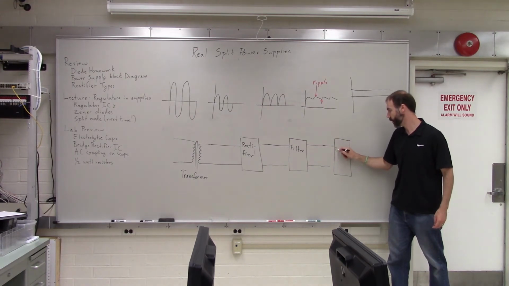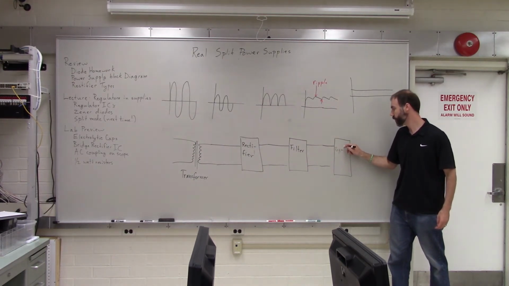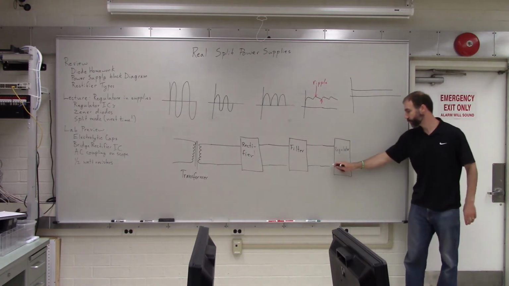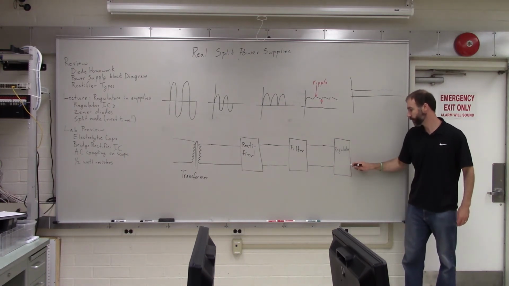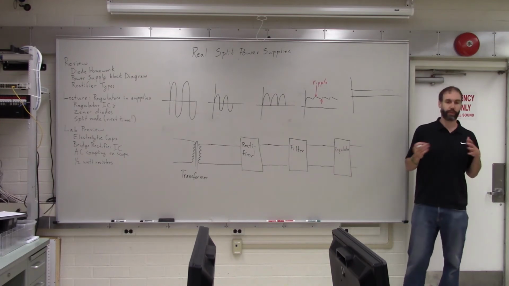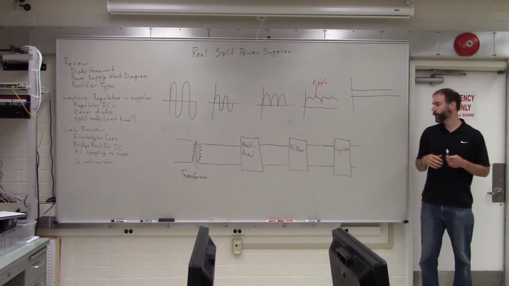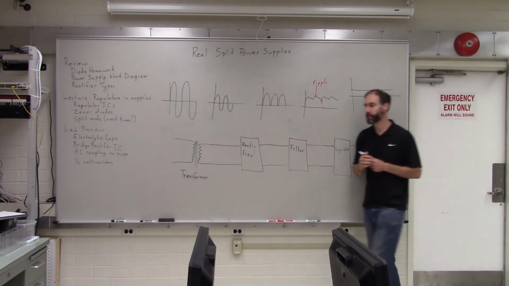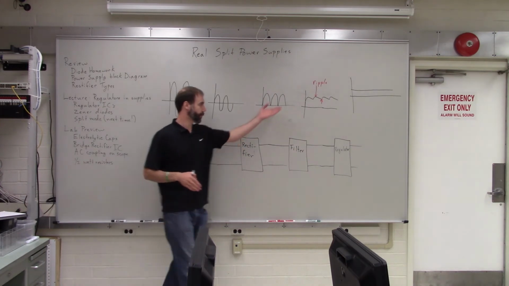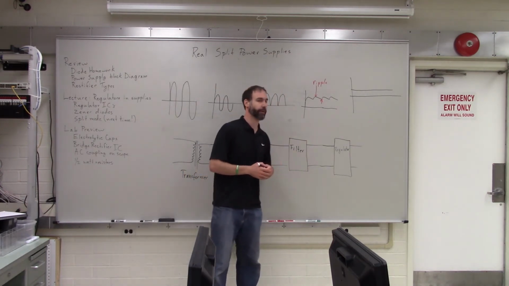And it does help to smooth out those ripples, and the circuits are not too large, so they can do a pretty good job for you without taking up too much space. But the closer you can get with the regulator, the better you are.